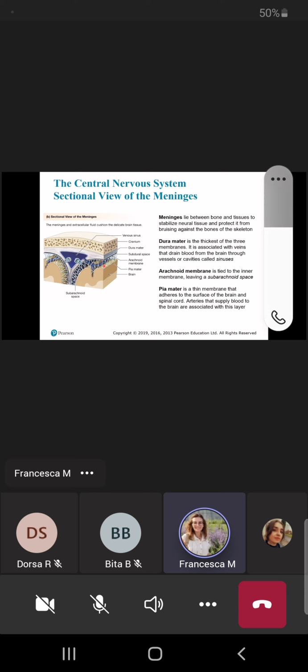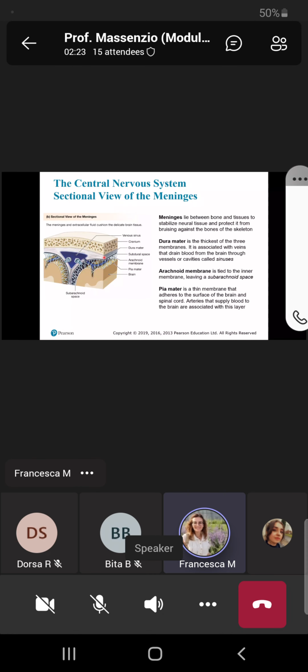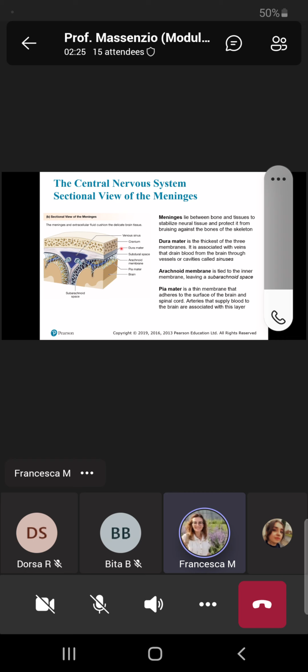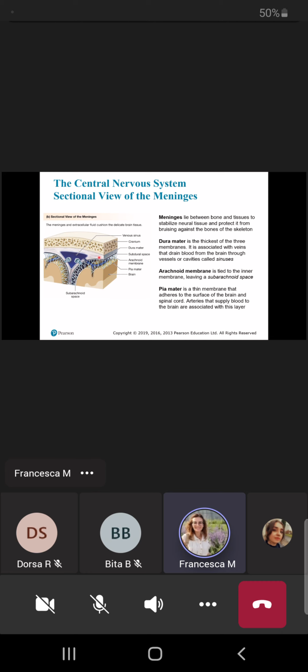Then moving through the meninges, we have, as we said, the arachnoid membrane, and then this portion that is the dura mater, that is the thickest membrane. You can see that the dura mater is strictly connected with these cavities, these structures that are the sinus.